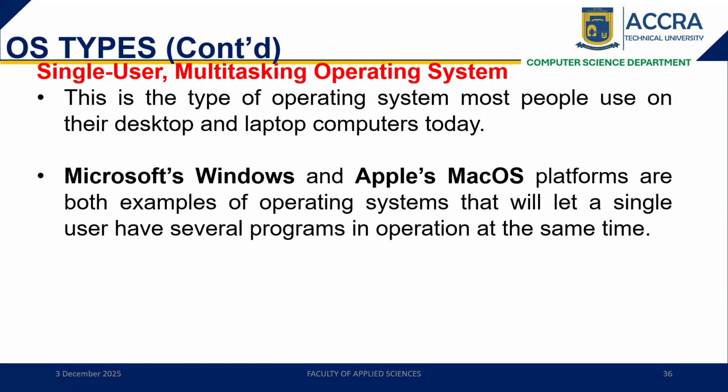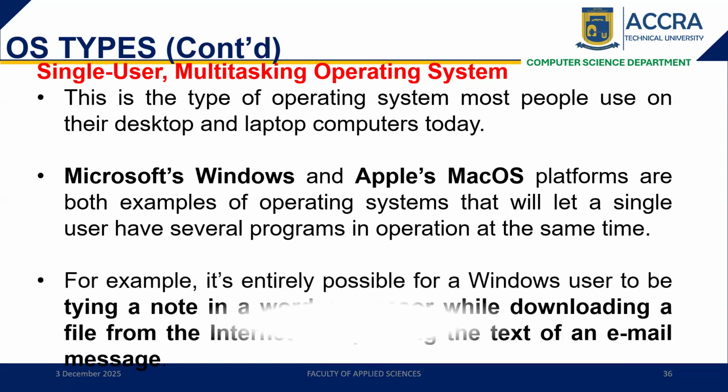That is it. So anytime you hear about Microsoft Windows, Apple's OS, or Android for our smartphones, it allows us as single users to be performing different tasks at the same time. The OS allows several programs to be in operation.